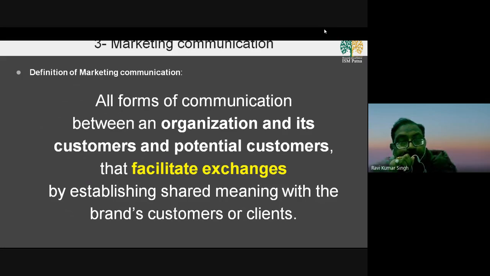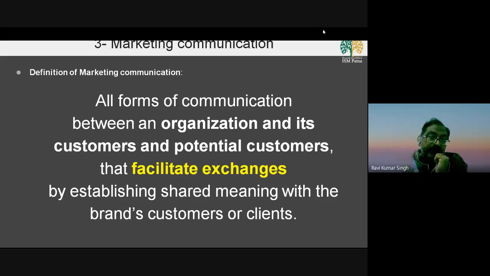It means the organization, with the objective to satisfy customers, to facilitate exchange, to make a sale, to earn profit, has to communicate with customers and potential customers. So they have to establish the shared meaning.